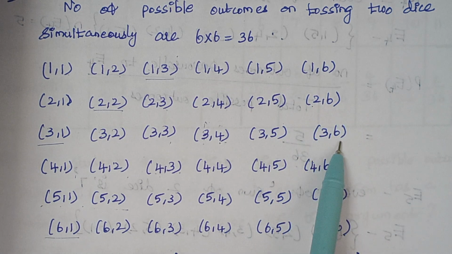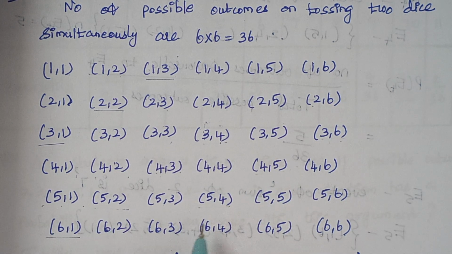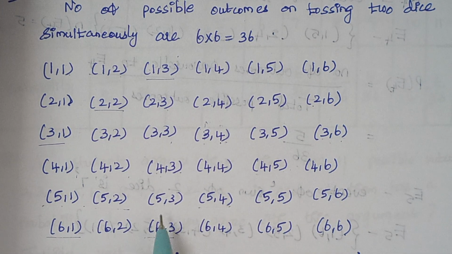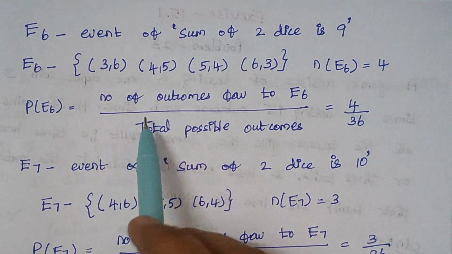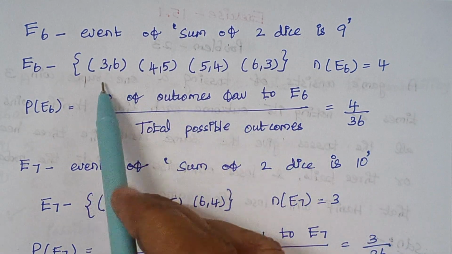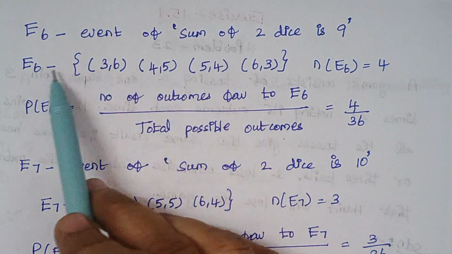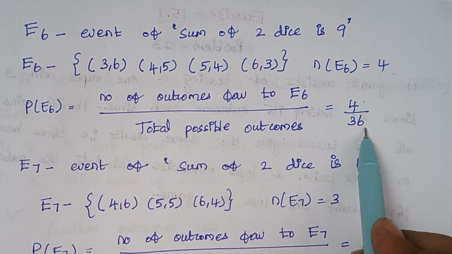So we go here: 3 comma 6, 4 comma 5, 5 comma 4 and 6 comma 3. So totally 4 outcomes. So the probability is number of outcomes favorable to E6 divided by total possible outcomes, so 4 by 36 is the probability.